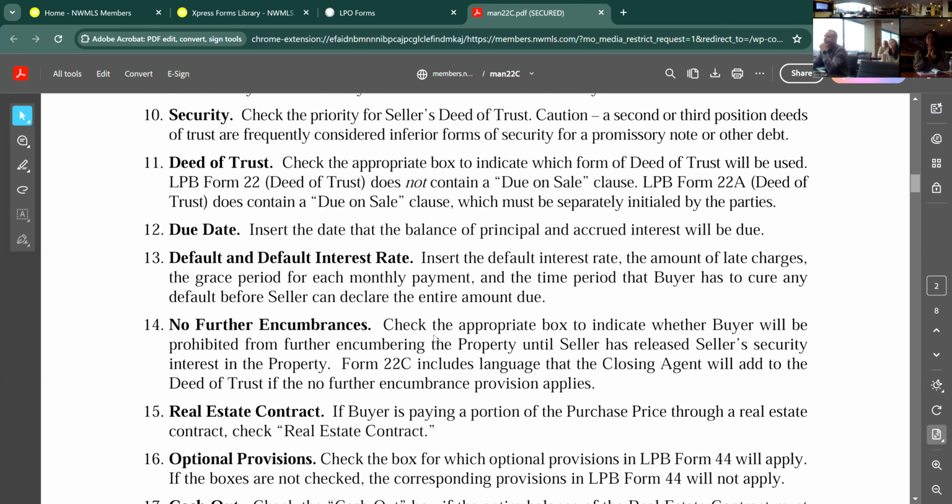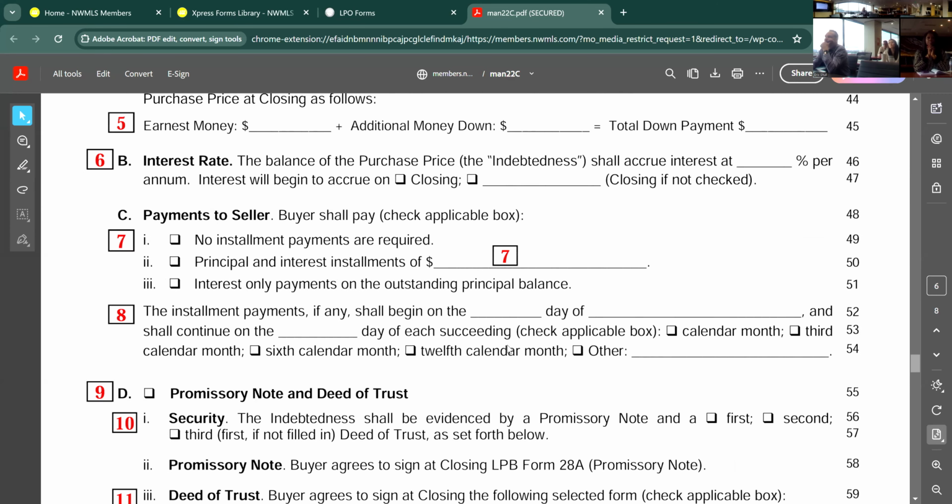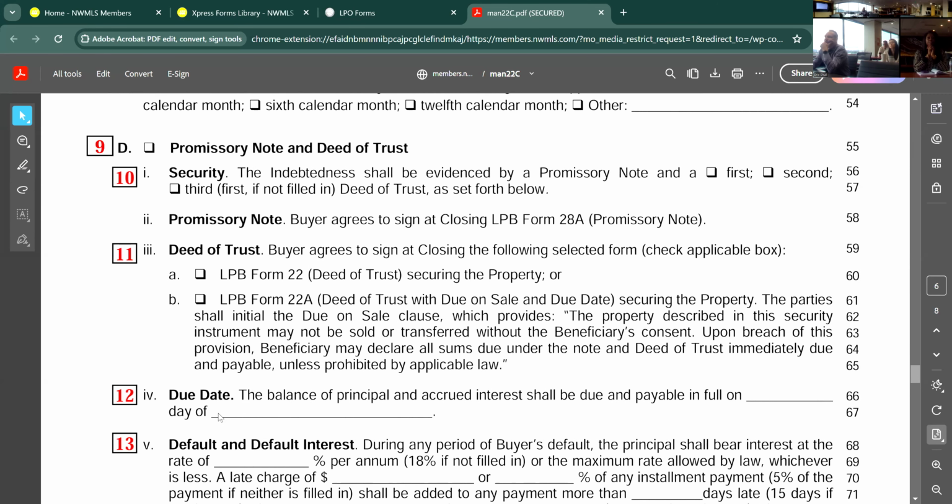So if we go back to number 11, here's the section. Buyer agrees to sign at closing the following selected deed of trust, so you would have to check which version they're going to use, with the due on sale and due date.